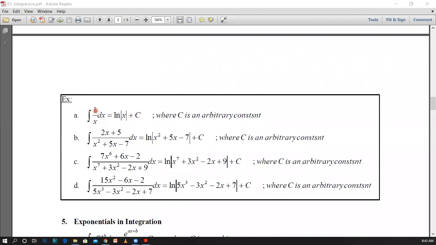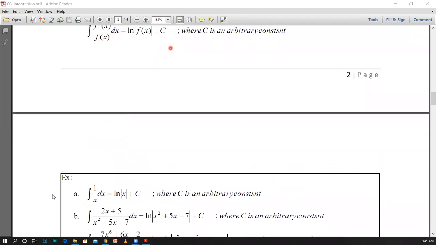Therefore, the derivative of the function appearing in the denominator now appears in the numerator, and since you need to get the integral, it is in the form of f dash x over f(x) with respect to x, then you can directly take this as ln x plus c using this theorem.